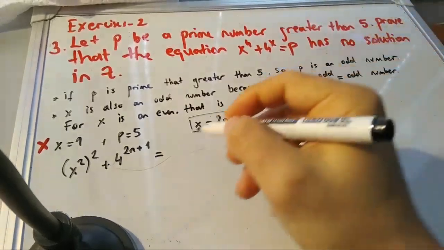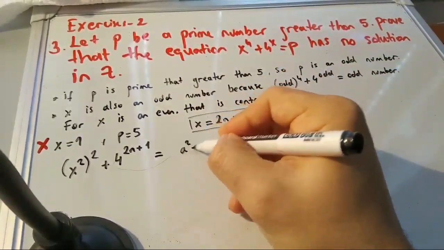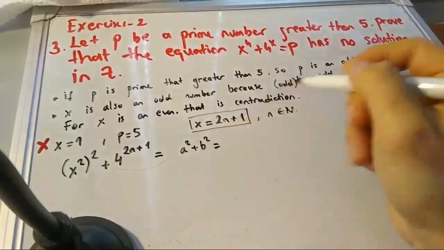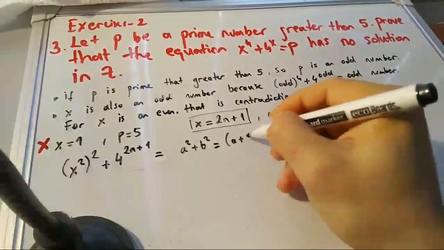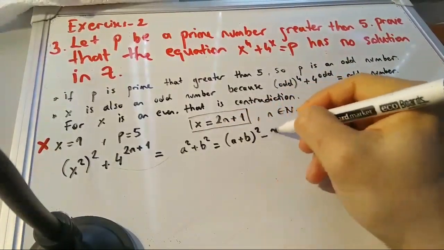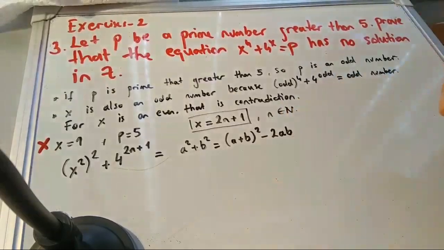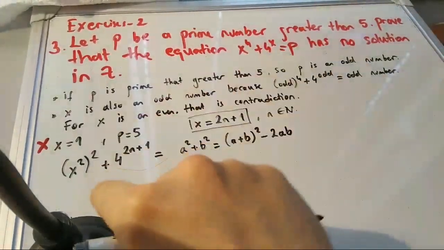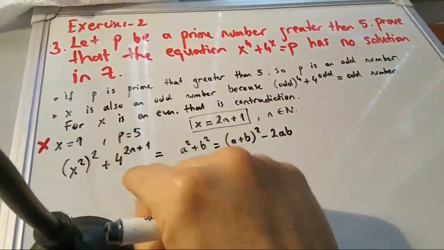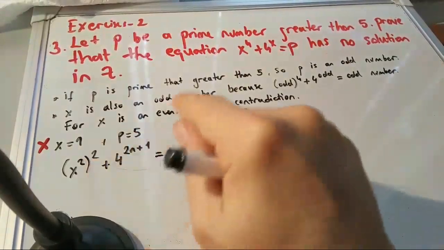Remember a squared plus b squared. What is it? A plus b squared minus 2ab. The same: X squared to the power of 2 and 4 to the power of 2n plus 1.